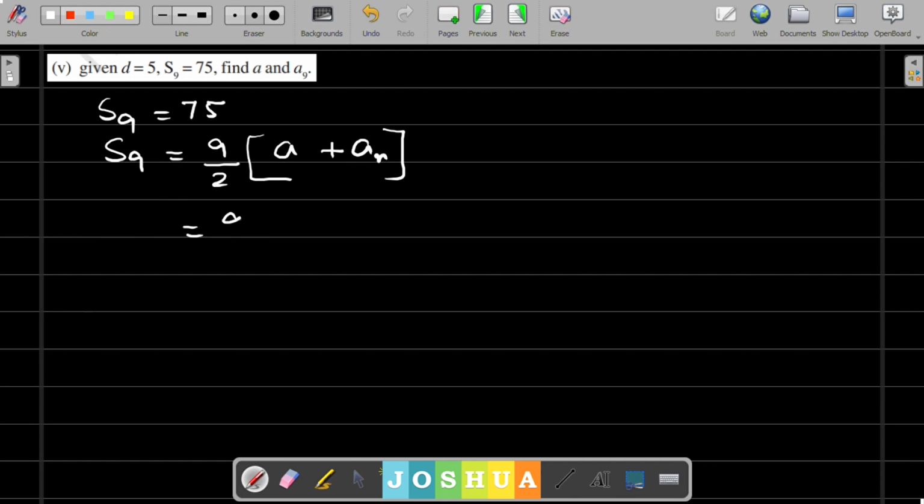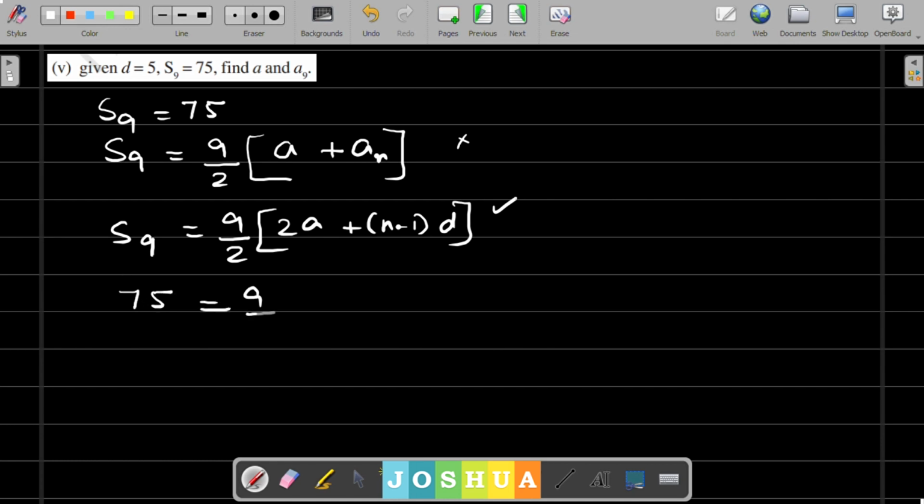So there is 9 by 2 into 2a plus n minus 1 times d. This formula works, because the d value is given here, so I am going to select the second formula instead of the first one. So in this case S9 is given 75. 9 by 2 times 2 times a.